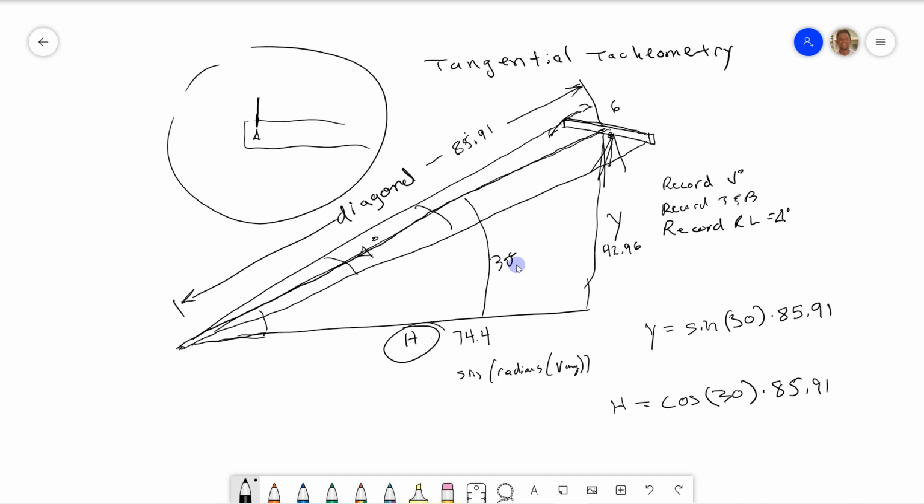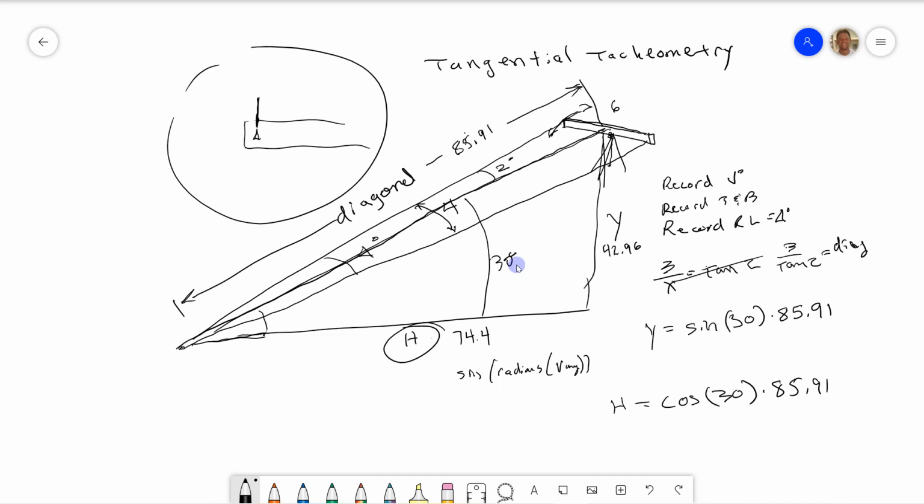And we got 85.91 from 3 over x is equal to tangent of, we said this was 4, so that was 2. So 2 tangent of 2, because we're just working with that one triangle. And then that would cancel, we get 3 over tangent of 2 is equal to x. Let's call it diagonal.